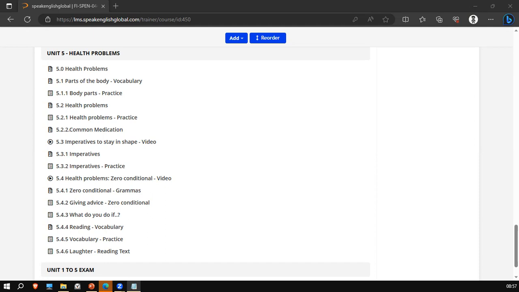Vamos ahí con la siguiente. Ahí está el número 3. Les voy a dejar ahorita el audio, las instrucciones del audio.